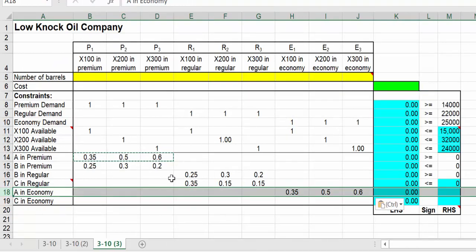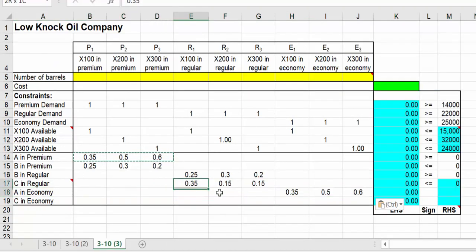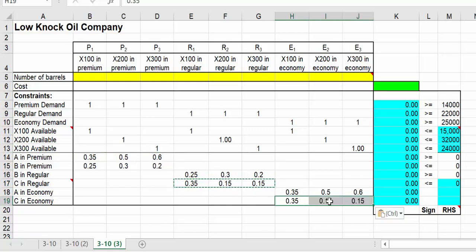Well, we've got compound C right here. These are the numbers for compound C, and we can just copy those as well. Those numbers don't change because it's a composition. But we have to make sure they're underneath these three columns, which are economy. That's 35% of X100 is compound C, 15% of X200 crude oil is compound C, and 15% of X300 is compound C.